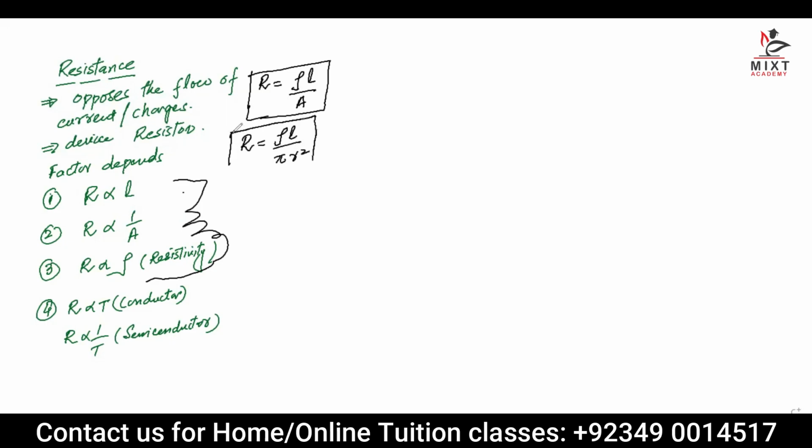And another shape: resistance is rho L over pi D square by 4. This is another shape of formula which can be used in your MCQs.